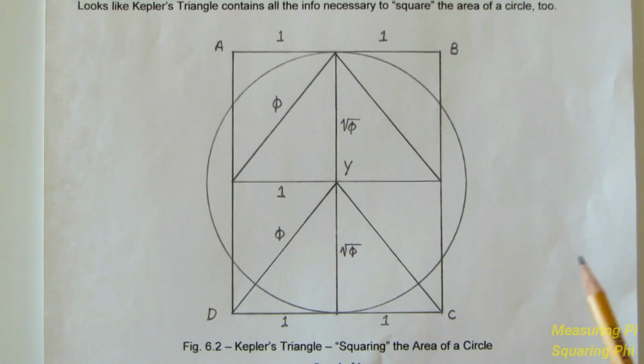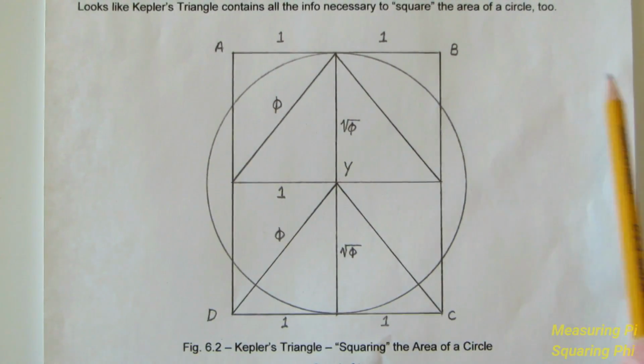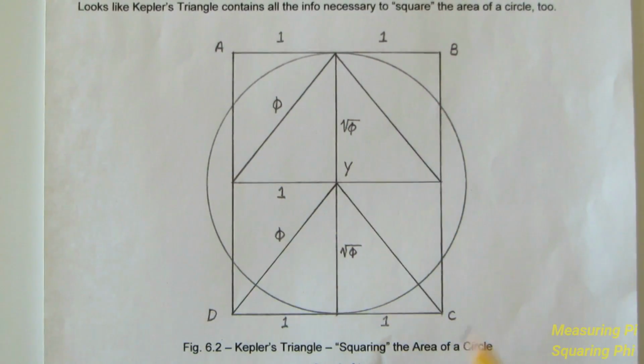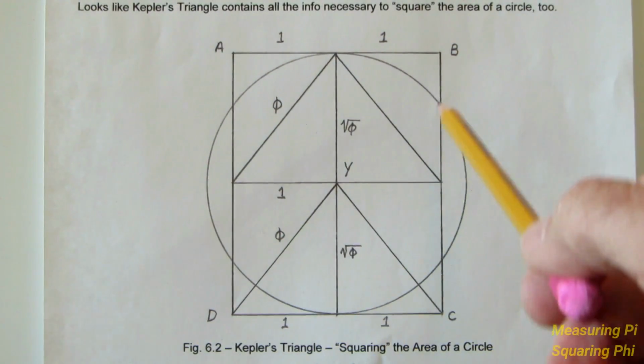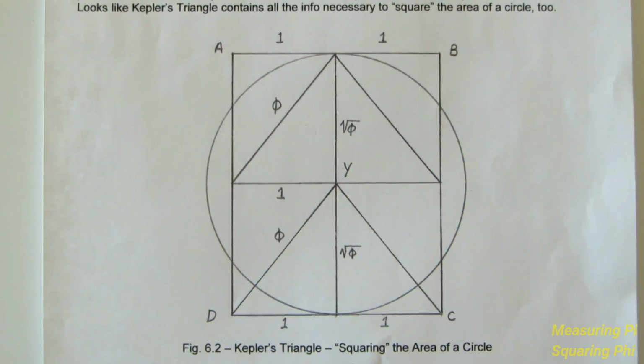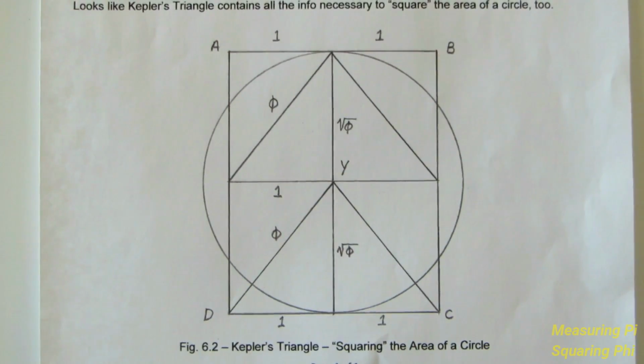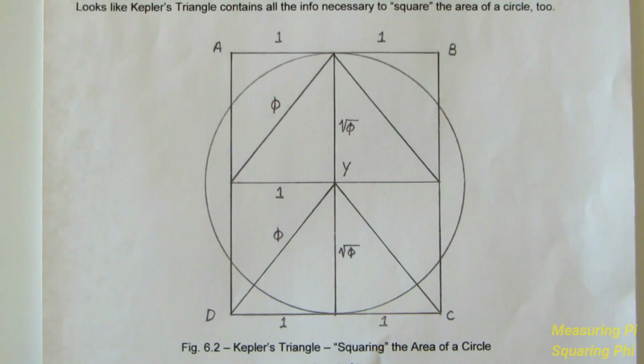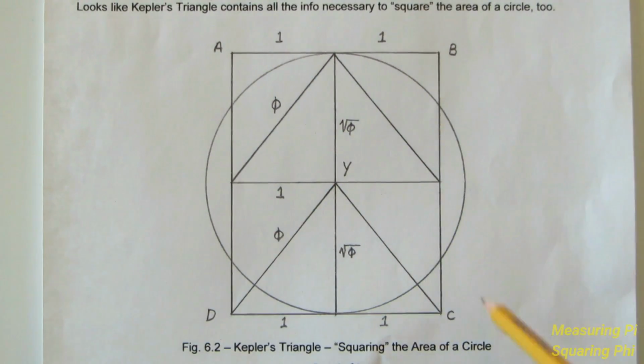So the amazing thing here, the curiosity here, is that by squaring this rectangle ABCD with these 8 Kepler triangles, we equal the area for this rectangle to the area of the circle. Essentially, we have squared or rectangled, if you like, the area of the circle y to rectangle ABCD.